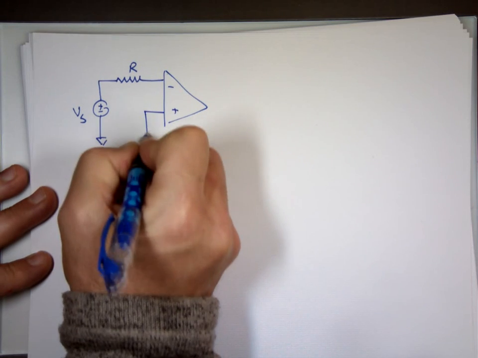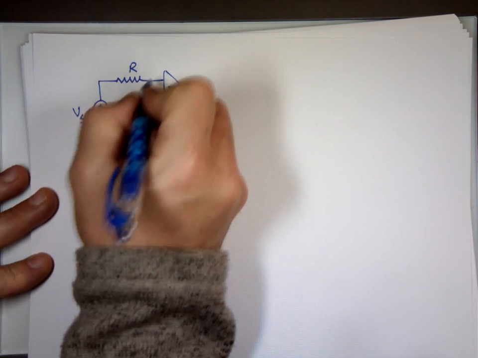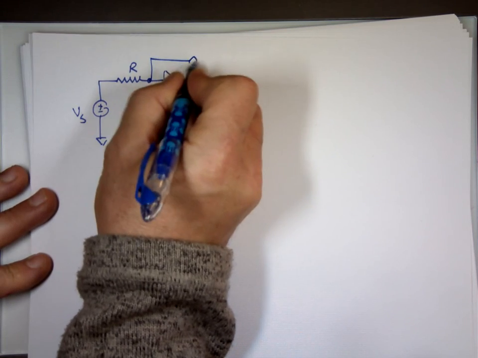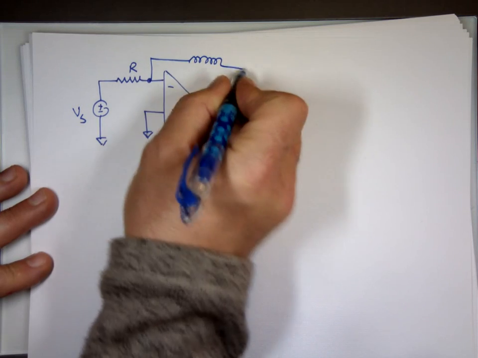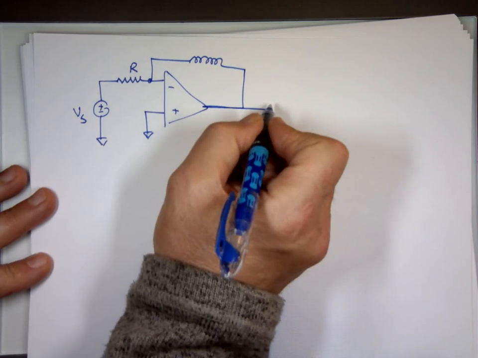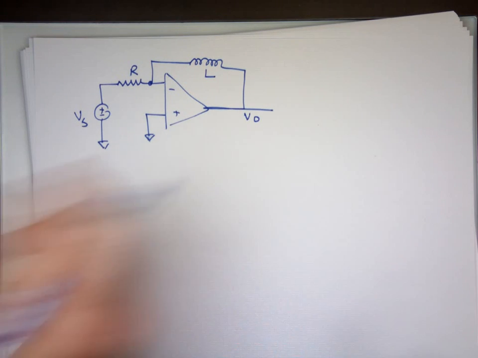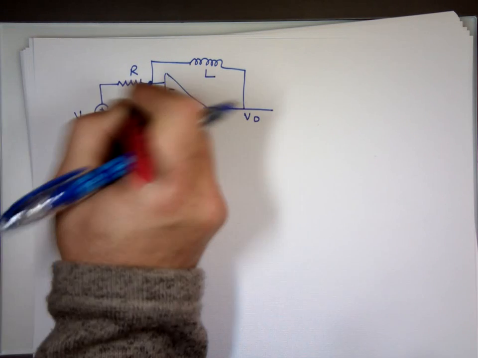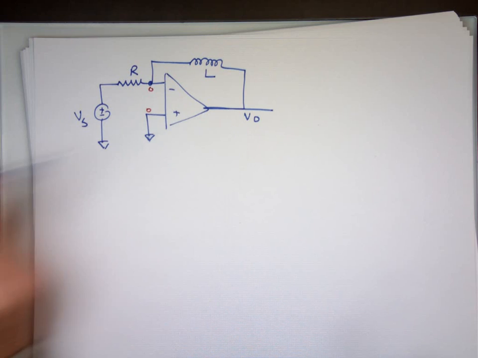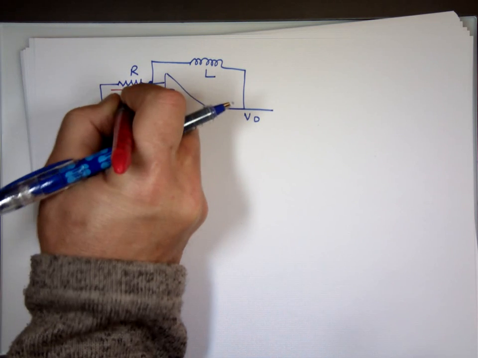Wouldn't it just be like the opposite? Well, let's see. Let's say this is L, and this is V out. Again, this voltage is the same as this, 0, 0. Let's assign this current, we'll call it IR.